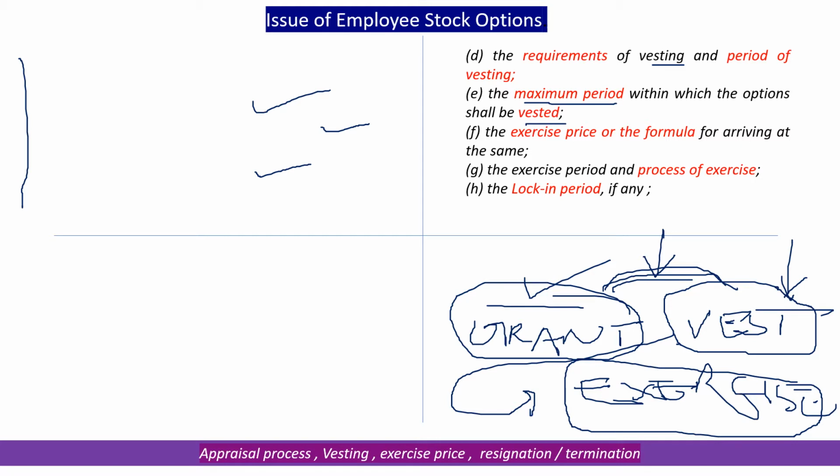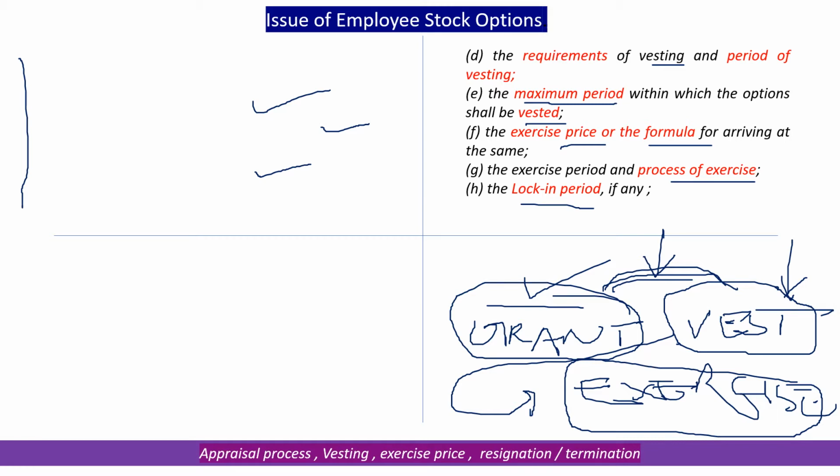And when he buys, what is the price at which he should be paying the company? And what is the formula based on which it is arrived? And what is the process of exercise when he buys his shares from the company? And after he buys, what is the lock-in period? An employee cannot just buy the shares and then offload in the market, because there will be a difference between the price.